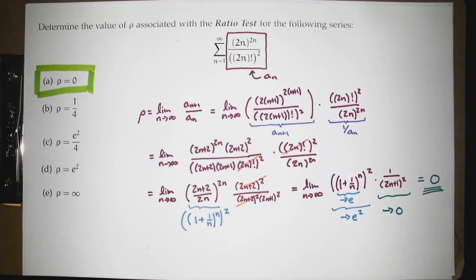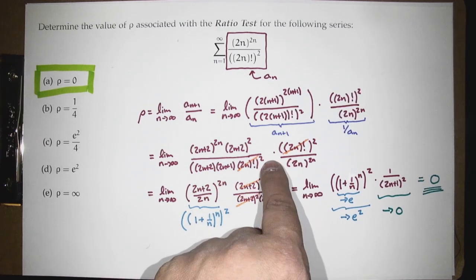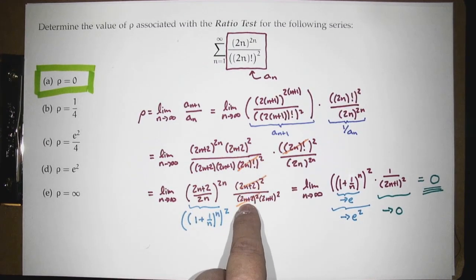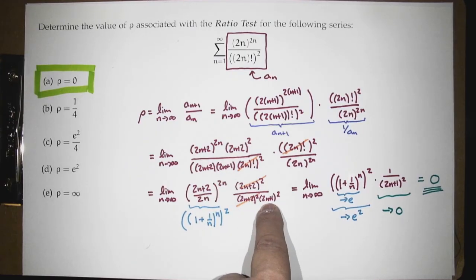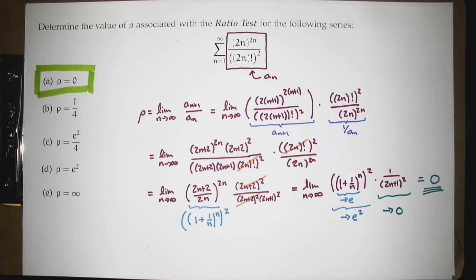And then we say, okay, what else cancels? Well, notice you have a (2n+2) squared and a (2n+2) squared. Those cancel. So you're left with a (2n+1) squared downstairs. And then this (2n+2) to the 2n over (2n) to the 2n, if you cancel off all your 2's, that's (1 plus 1 over n) to the power n, squared.